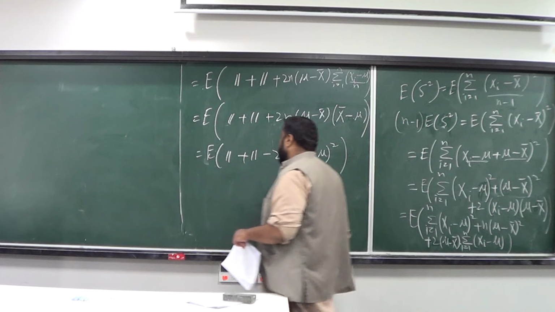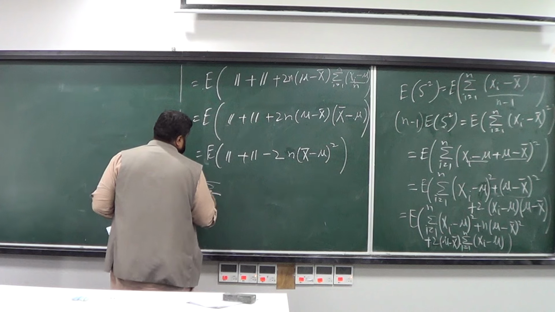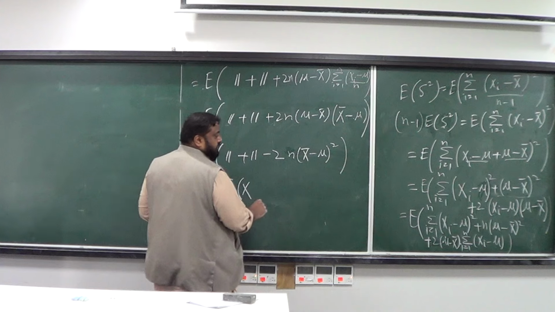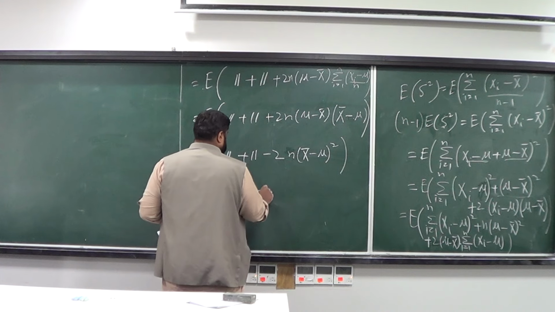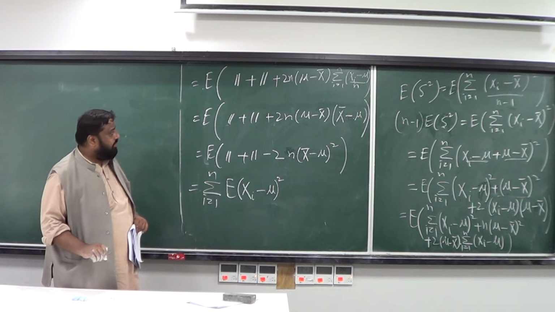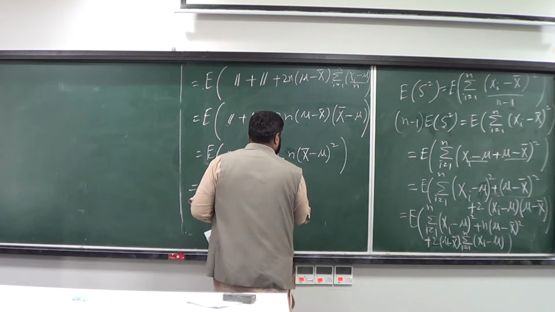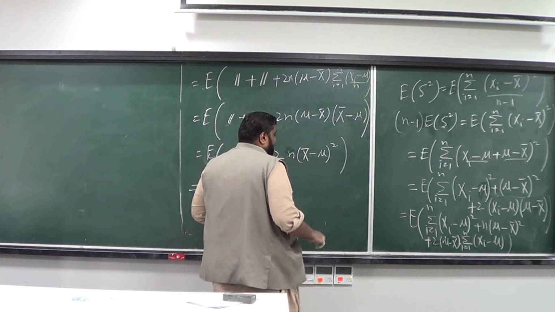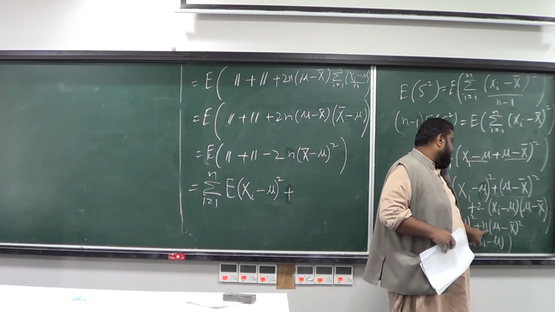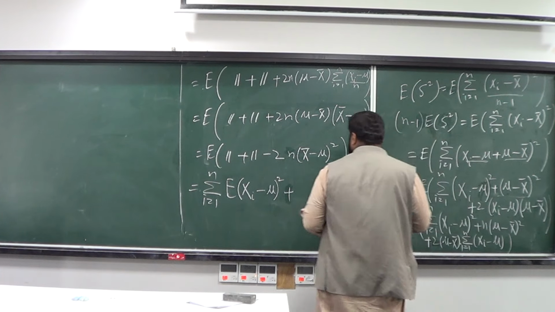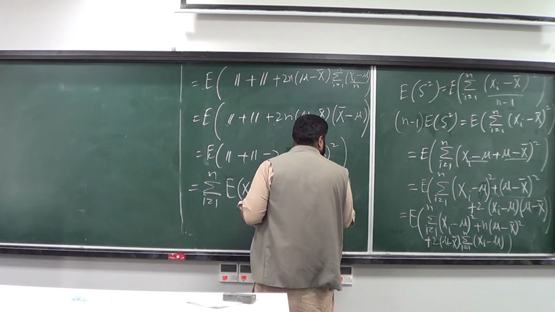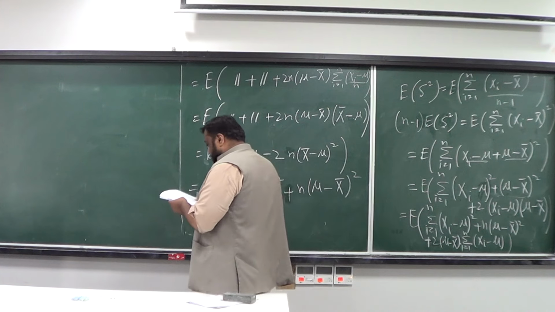So the first term will become the sum from i equal to 1 to n of the expectation of (xi minus mu) squared, plus, what would be the expectation of this term? This is constant actually, so you can keep it as it is. So it's going to be n times (mu minus x bar) squared. Okay, this is what you're going to get.